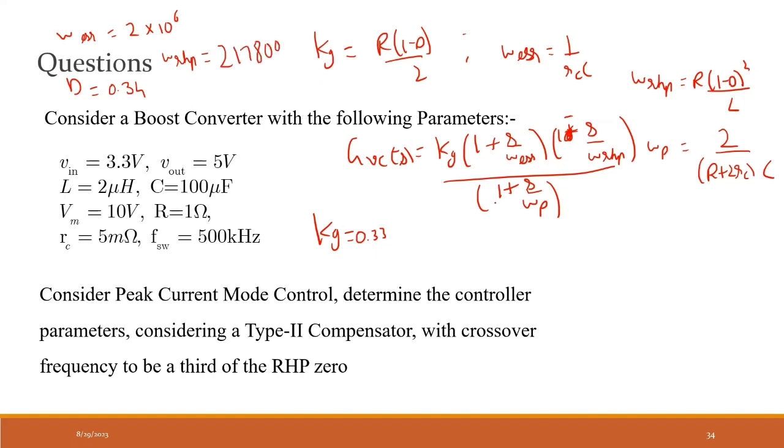Then omega P: omega P is 2 upon (R plus 2RC) into C. It is 19802. Okay, 19802.